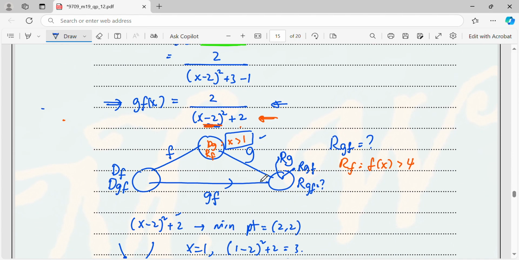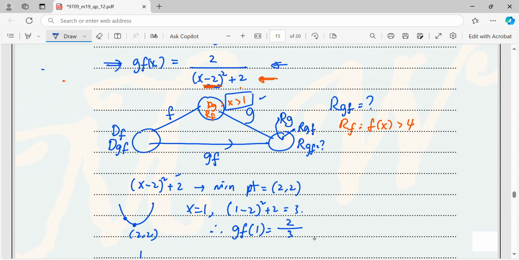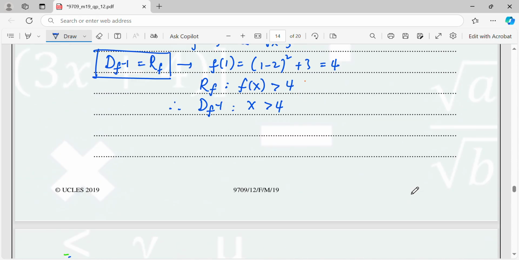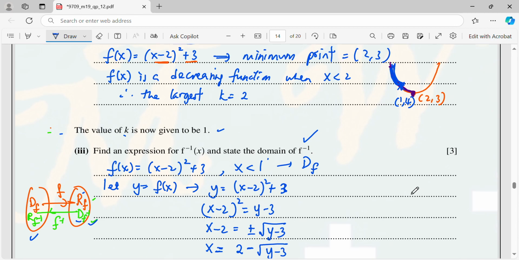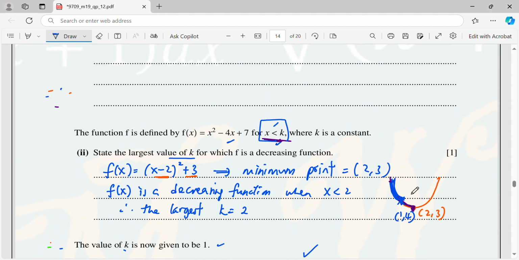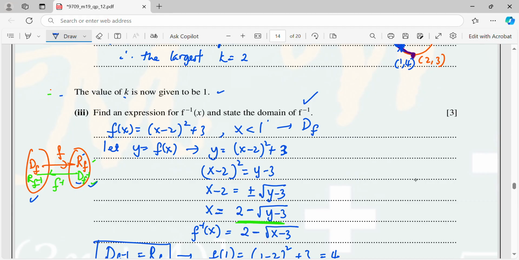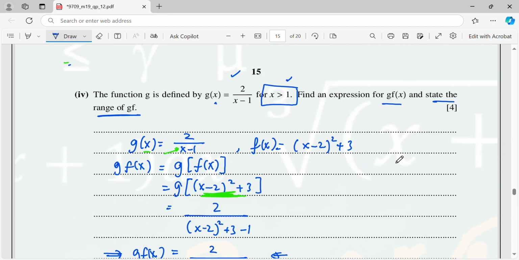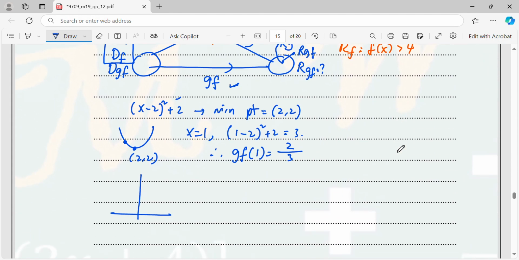So when you refer to x greater than 1, and at the same time, when you need to find the range of gf, you may refer to the domain as well. No problem, domain f. So when you refer back to the domain f, your domain f is less than k, and now the k is 1. That means when x is less than 1, here is 1, coordinates will be 1, 2 over 3.